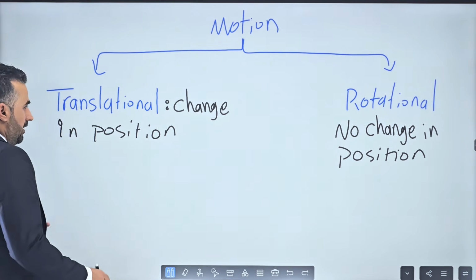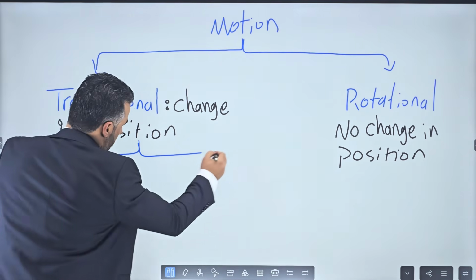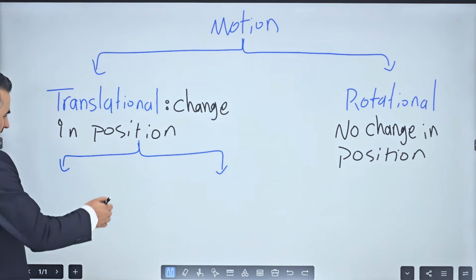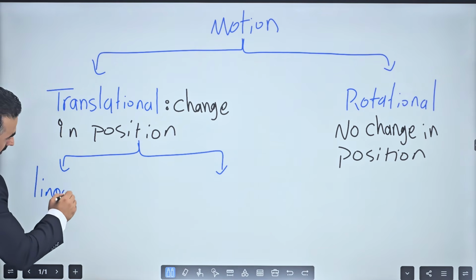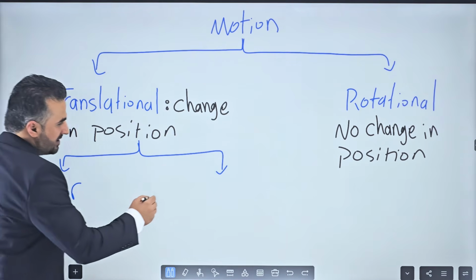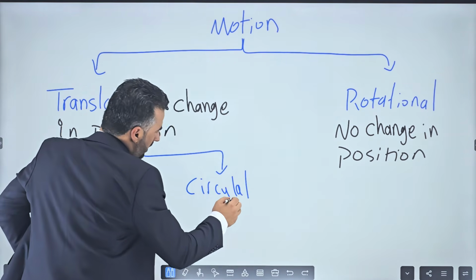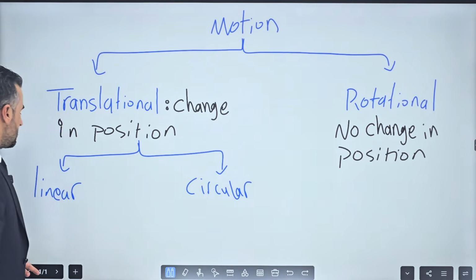Let me give you more explanation regarding this. Translational motion can be divided into 2 subcategories. The first one is linear motion, and the other one is circular motion. What is linear?